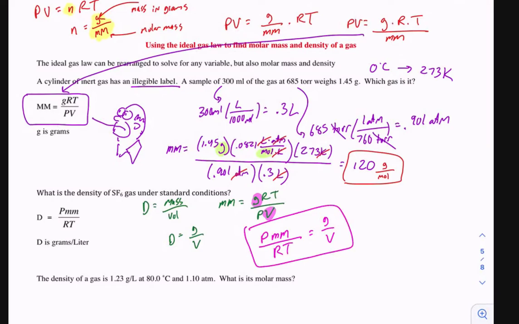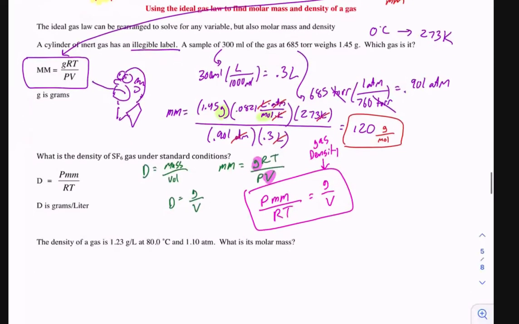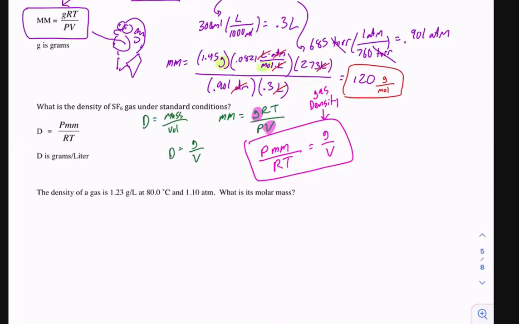And this is known as gas density, the G over V part. Which is also just as useful. So, if we needed to find the gas density, we just use the ideal gas law, and we plug in what we have, but we need to make sure that we've arranged it the right way.